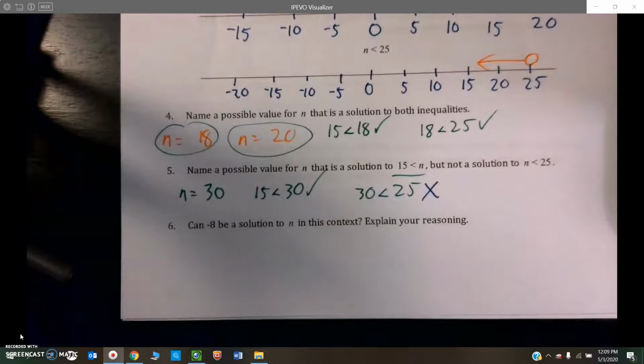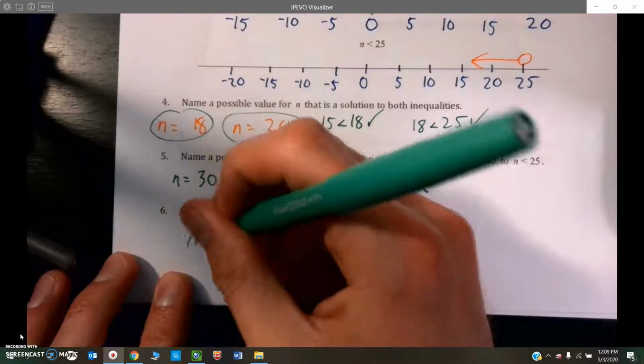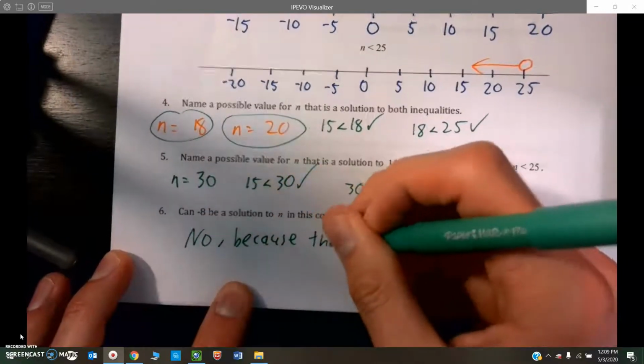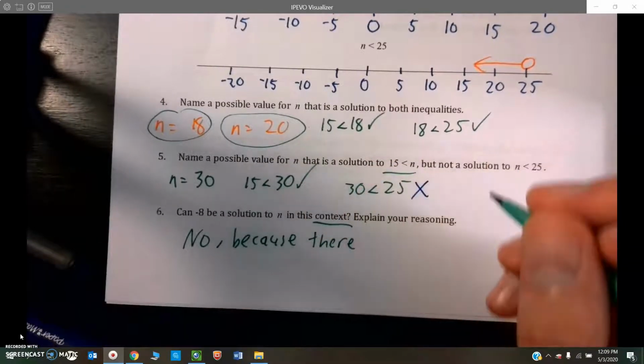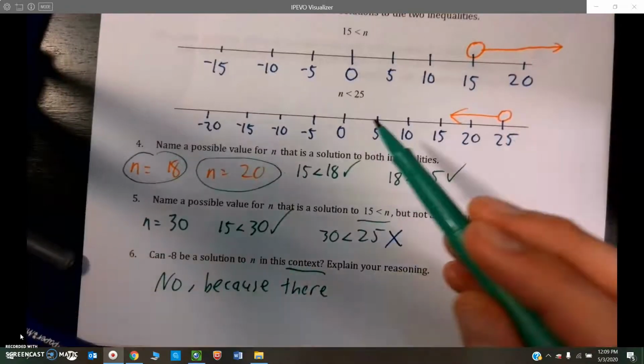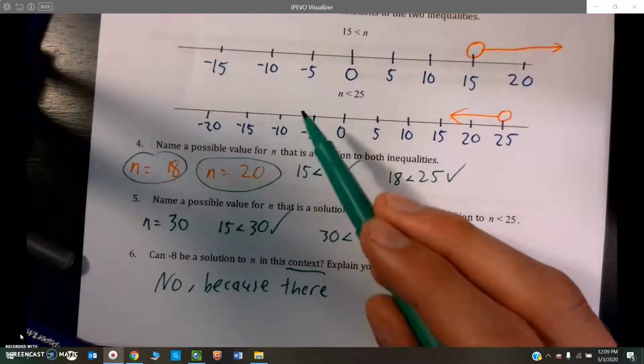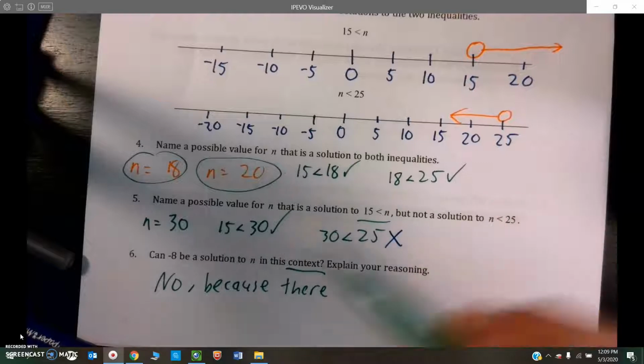And number 6. Can negative 8 be a solution to N in this context? Explain your reasoning. What do you think? I'm going to say no. Because a big important word here is context. So once again, if we're thinking of N is less than 25, right, negative 8 is included in that.